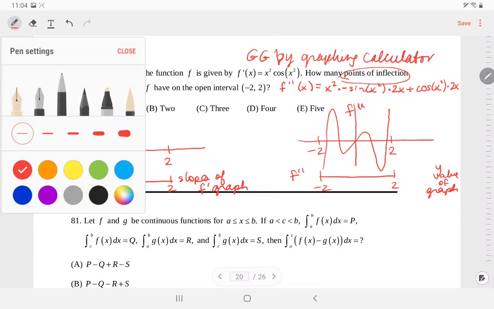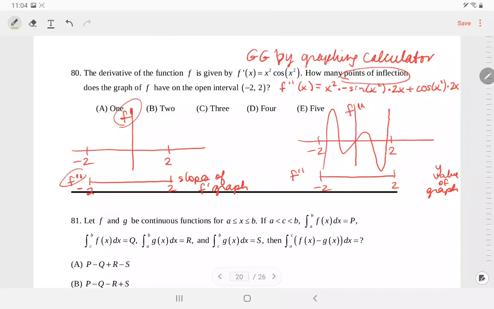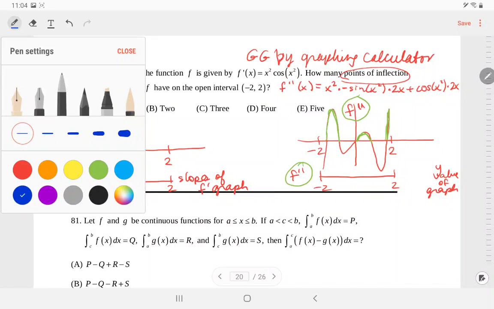So if I make green above, here's an above, here's an above, here's an above. And the reason I'm doing above and below is because the labels are the same. If the label of your number line is the same as the label of your graph, you do above and below.